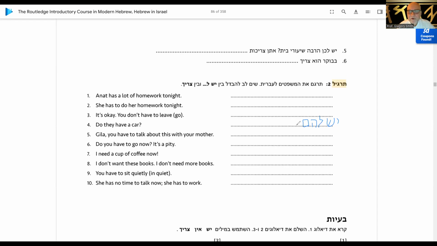Yesh lahem hamekonit. Okay, so hamekonit is car, right? So there is to them a car, and then we just have to distill that that's a question. So let's see what their answer key says.